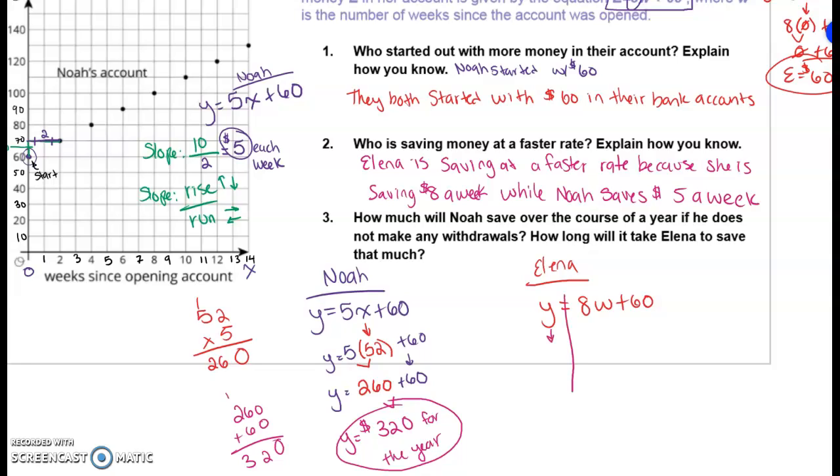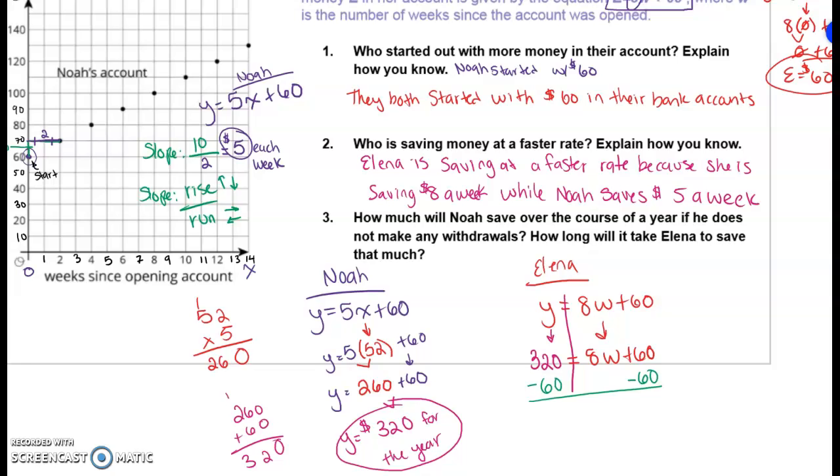So what I can do is actually plug in 320 into y, because that's the money aspect. We want to know how many weeks we're looking for. So just like when we were dealing with two-step equations, I need to get this 8w by itself. In order to do that, I need to subtract 60 from both sides, because I want to get that away first and then divide by 8.